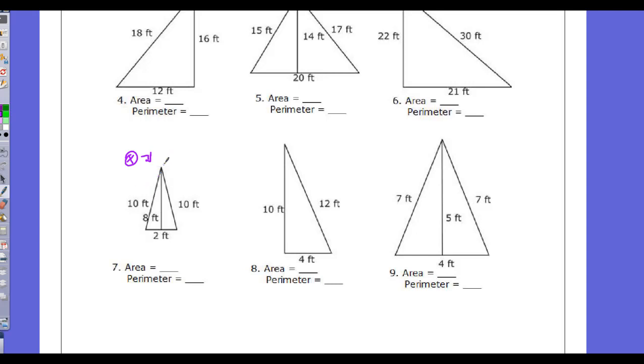If we were starting at a certain point on the triangle, let's say we were starting in that corner, and we were finding the perimeter, the distance all the way around, which of those numbers did we not use?